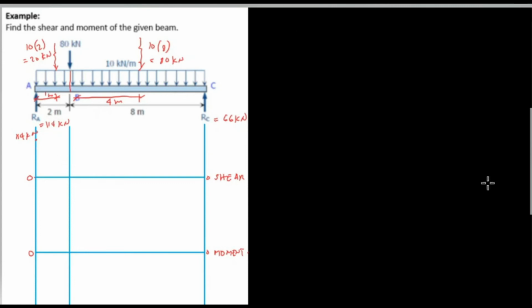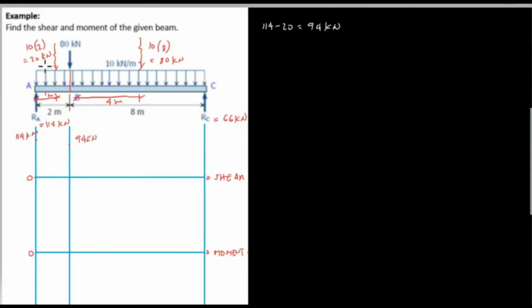So we will compute the values of 114 minus 20, or equivalent to 94 kilonewton. The value of 94 kilonewton will be at point B, and it will drop 20, and the value is 94. So this is 94 kilonewton.